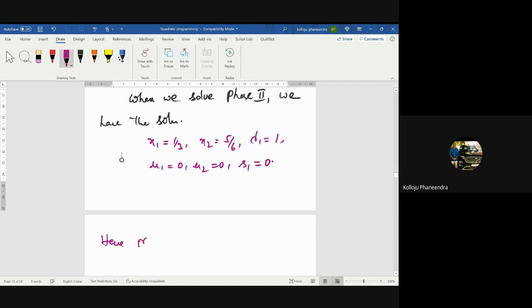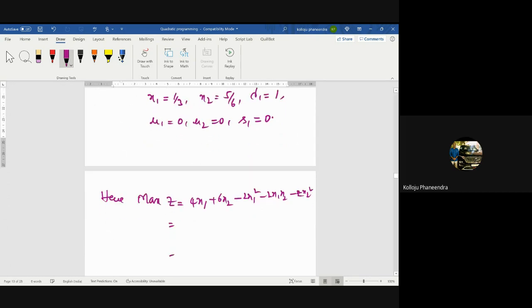Hence, what is the objective function? Maximize z equal to, what is the function actually? The original function 4x1 plus 6x2 minus 2x1 square minus 2x1x2 minus 2x2 square.